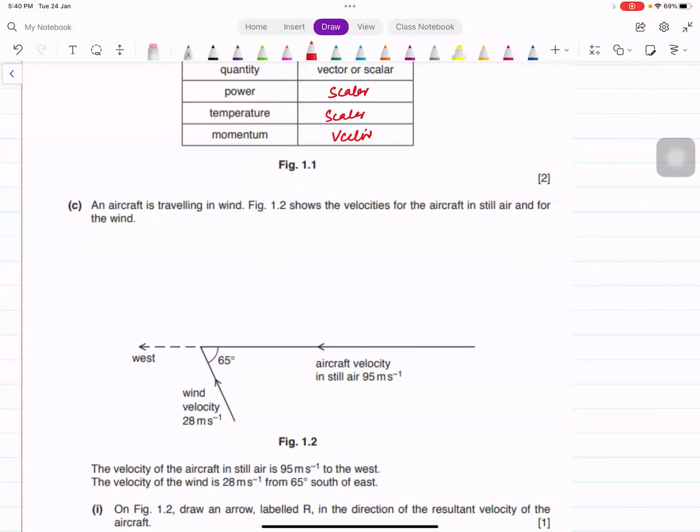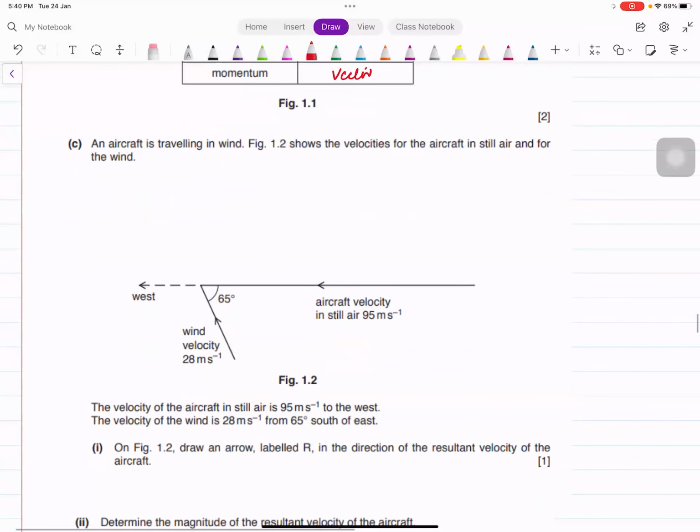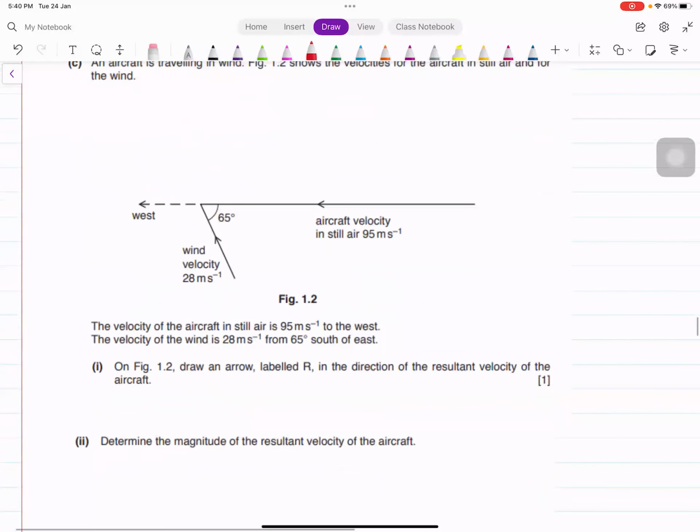Now in this question, it says an aircraft is traveling in wind. There are two vectors right now, and they've also given the angle. You should always remember that the horizontal one doesn't have the angle, but this vector has the angle, which, if I draw a horizontal line, is the same as this one, 65 degrees.